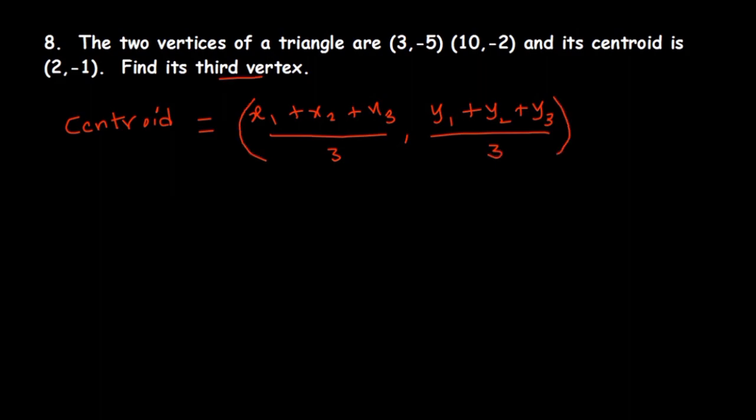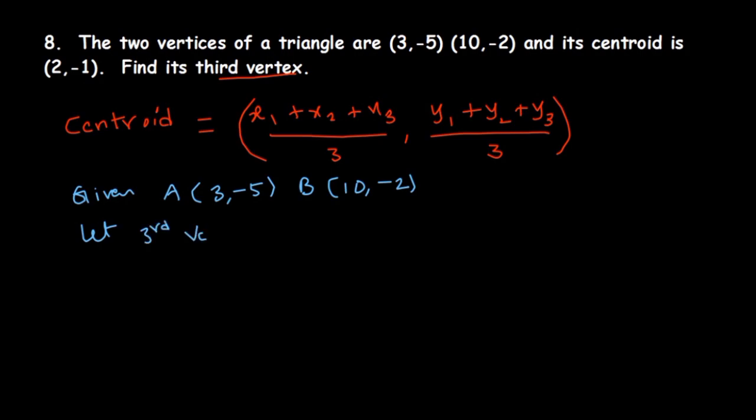Okay, so they are asking to find the third vertex. The first given vertices are A(3, -5) and B(10, -2). Let the third vertex be (x, y).